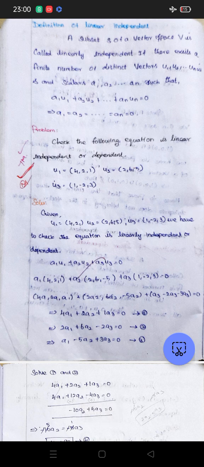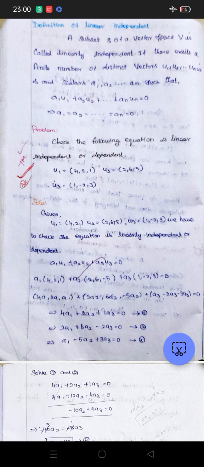So the problem: check whether the following vectors are linearly independent or dependent. The problem is u1 is equal to 4, 2, 1 and u2 is equal to 2, 6, minus 5 and u3 is equal to 1, minus 2, 3.